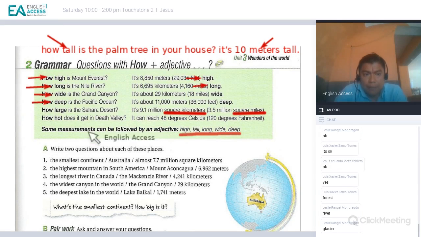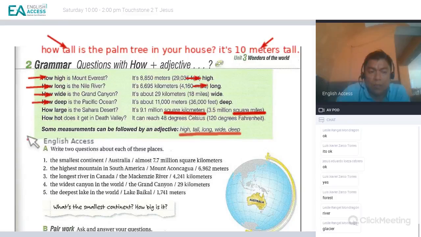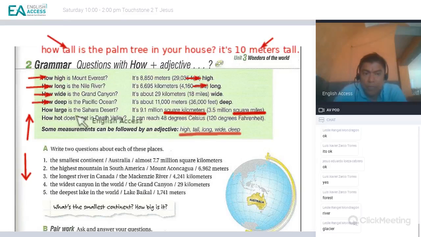And what about how hot? This is talking about weather. And the weather always changes. So sometimes it's high and sometimes it's low. That's why it says how hot does it get? Does it get? That means it becomes.